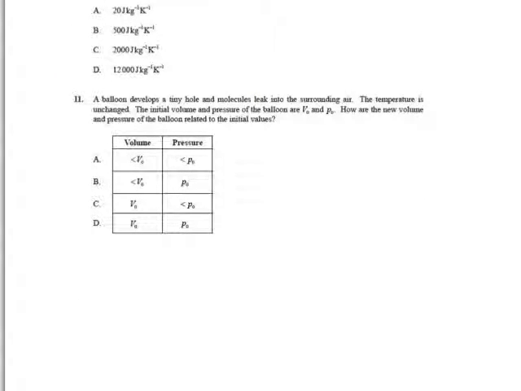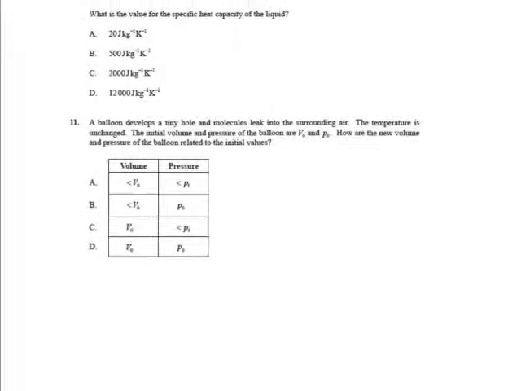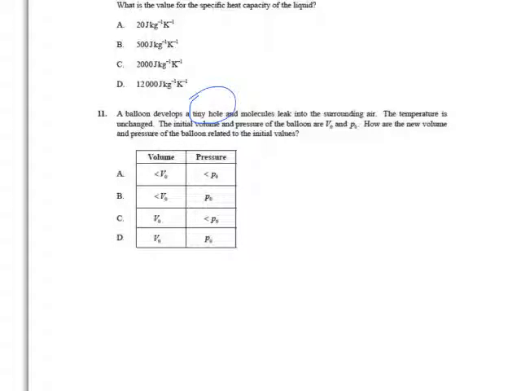Question 11. A balloon develops a tiny hole, and molecules leak into the surrounding air. The temperature is unchanged. The initial volume and pressure of the balloon are V0 and P0. How are the new volume and pressure of the balloon related to the initial value? The trick to this question is remembering that we're now considering still the balloon, so we're not considering the initial volume of air.